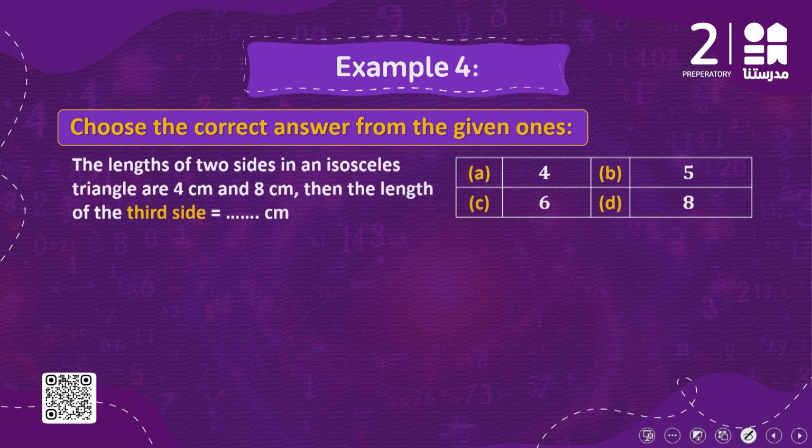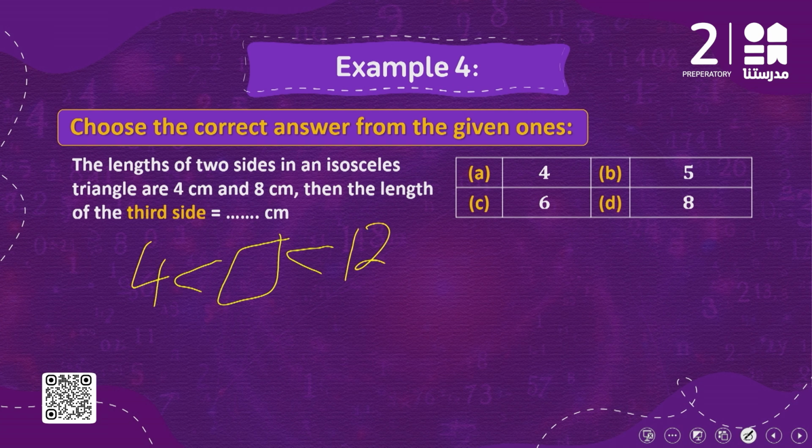The lengths of two sides in an isosceles triangle are 4 and 8. Then the length of the third side equals. Take care when you have a third side, it's for sure between the sum and difference. The sum of these two values is 12, the difference of these two values is 4.